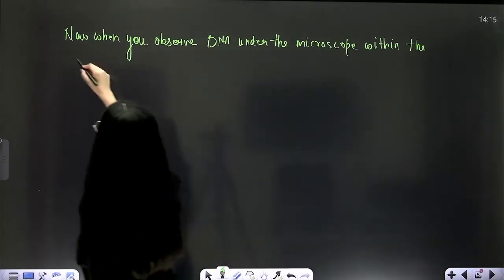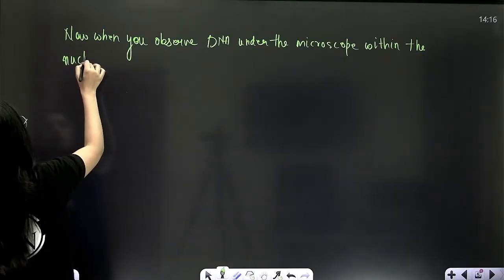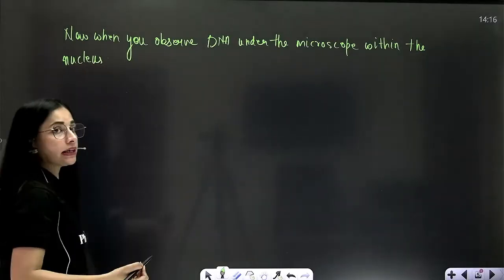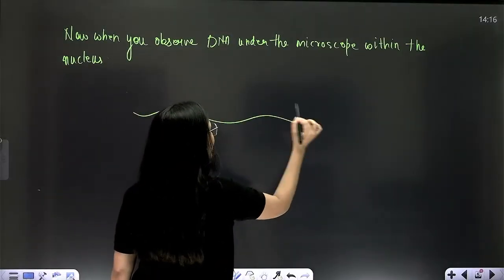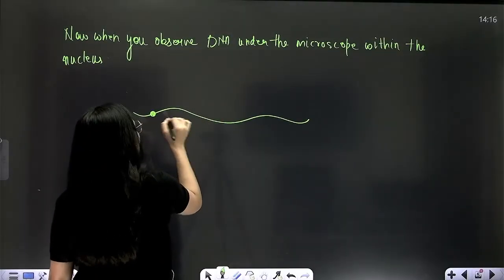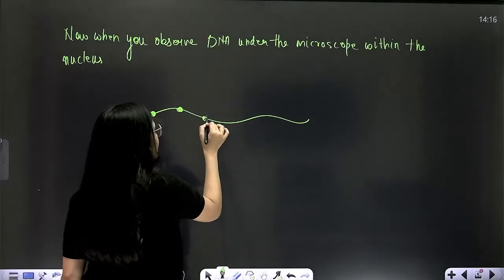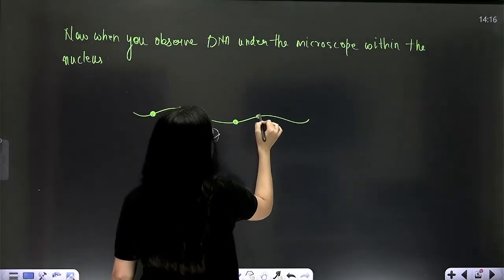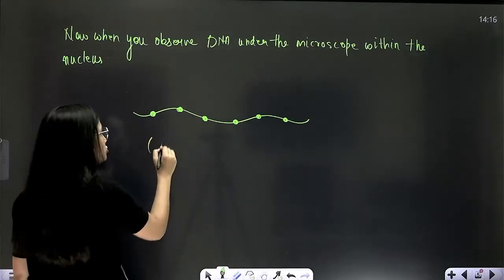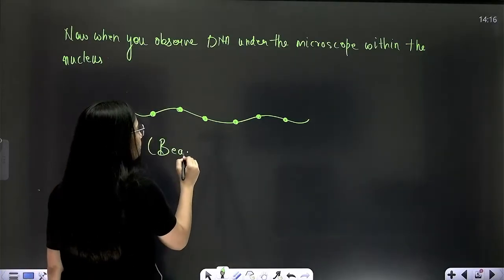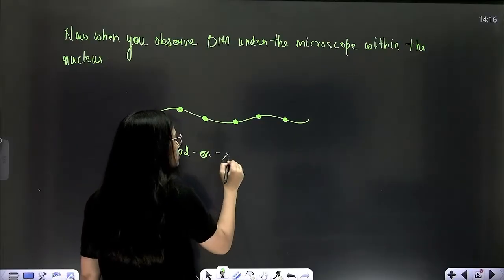Within the nucleus, then generally what do you observe? What did Fleming observe? He observed a thread-like structure on which there are beads. This was his observation. Now basically this structure is known as the bead on string structure.